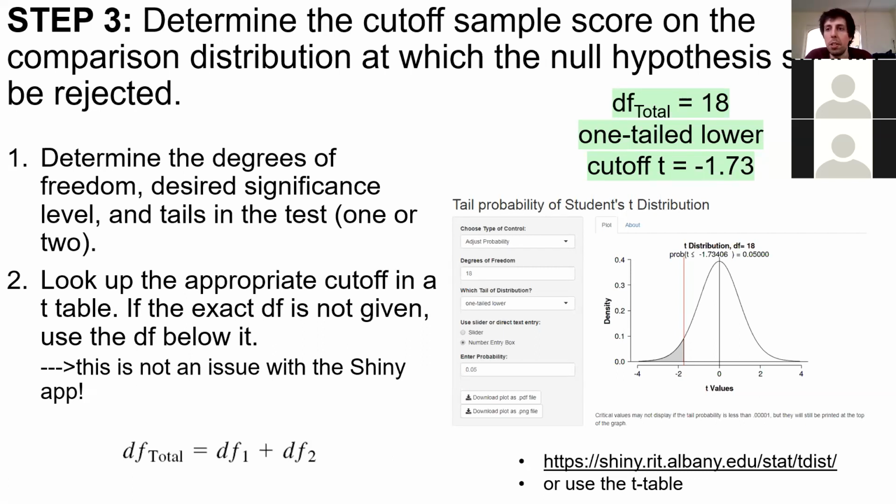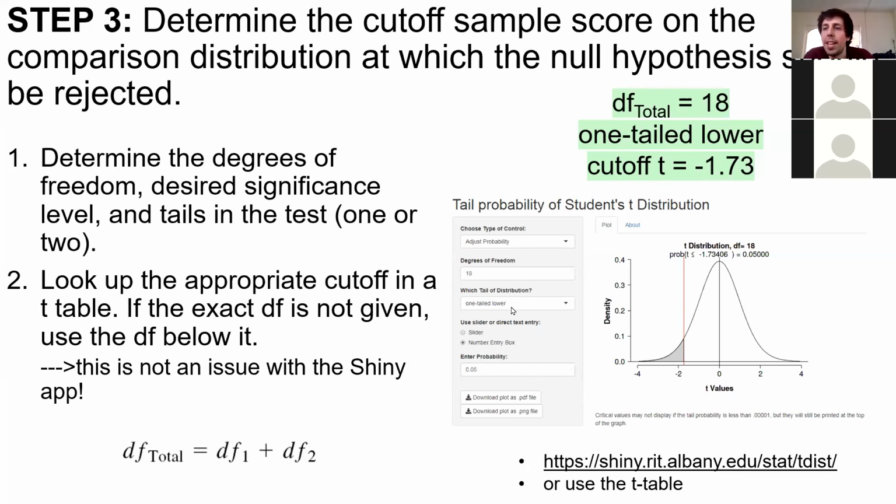One was a nutritionally balanced diet chow that typically keeps rats nice and lean, and then a high-fat, high-sugar chow that reliably makes them obese and fat. We called population 1 the rats who were fed the normal chow, and population 2 the rats who were fed the high-fat, high-sugar chow. So if population 1 is the rats who are fed the chow that's going to keep them lean, and the variable we're measuring is their body weight, we will say that population 1 is going to have lower scores than population 2.